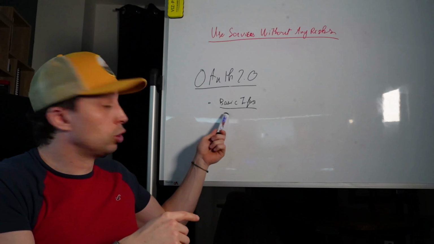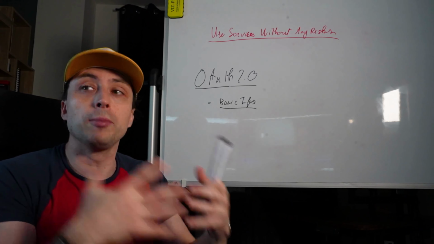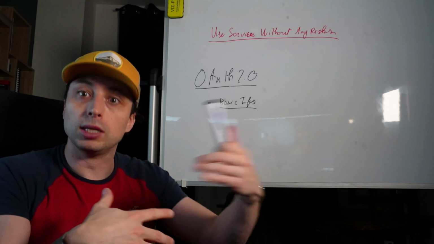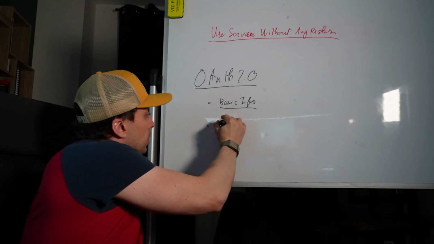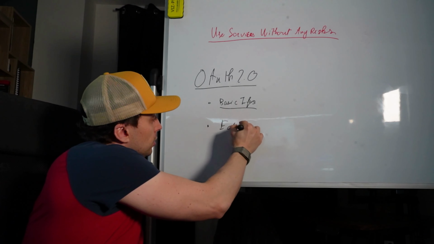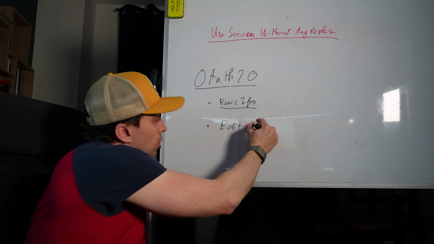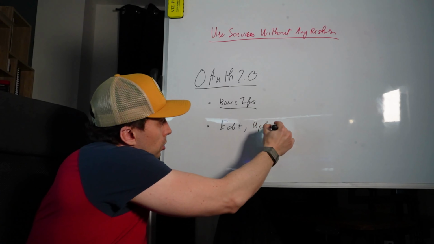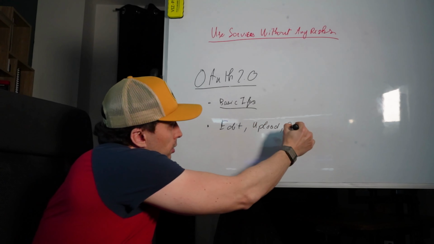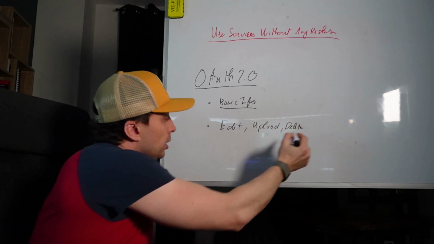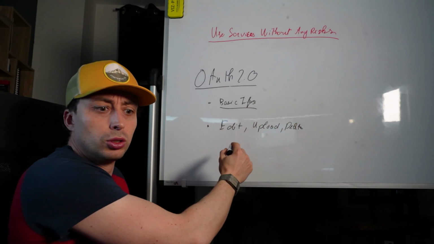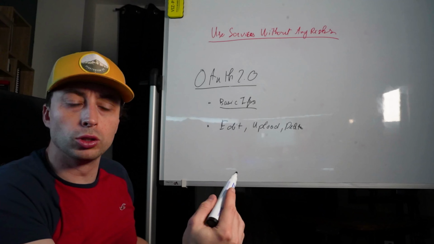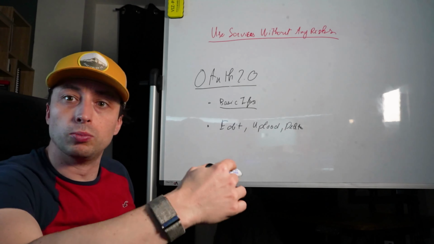So the rights that I'm asking for when they are registering are much higher. They are edit, upload, and delete. And also, I think I have some rights on the profile information.